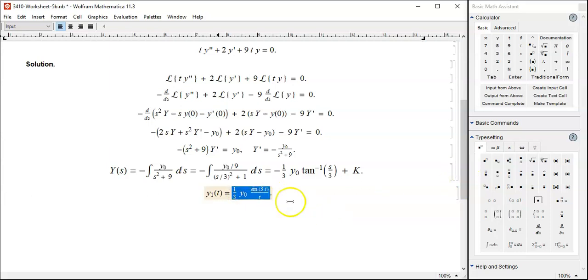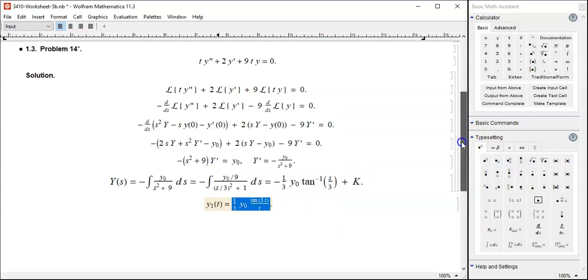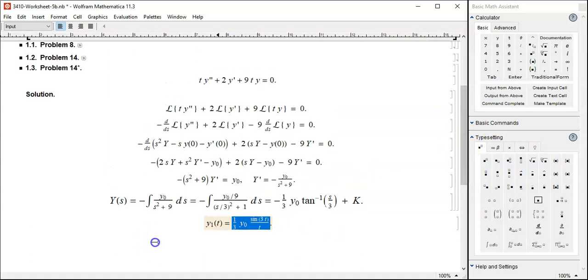So we got the solution from the Laplace transform and it makes sense. Final checking.